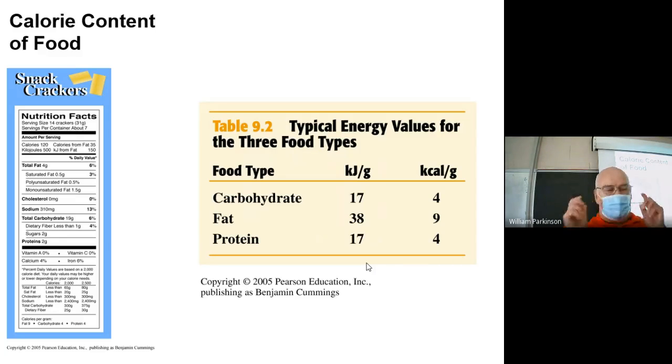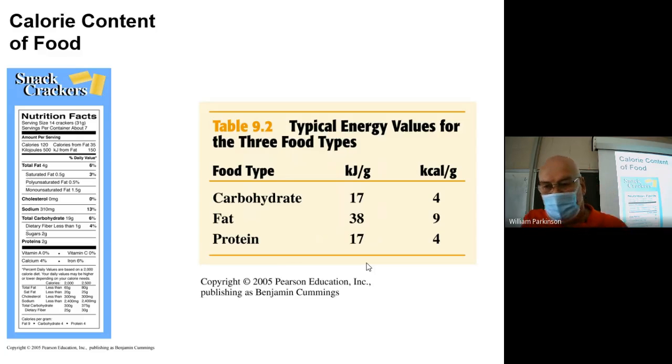And what the government has determined from burning enough different types of food is the average calories for the carbohydrates in the food. Remember, those are your sugars and your starches and things of that type. That's your carbohydrate content. Then the fat content of the food, how many kilojoules there are per gram of it, or how many kcals per gram there are. Now remember, a kcal per gram is a food calorie per gram.